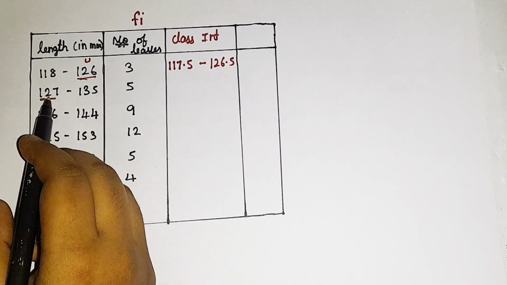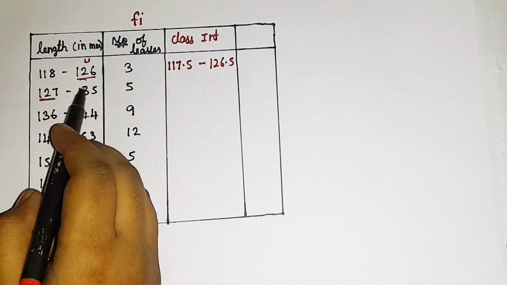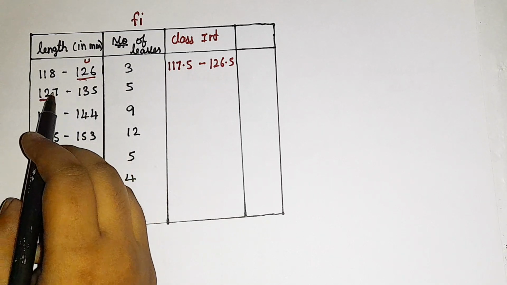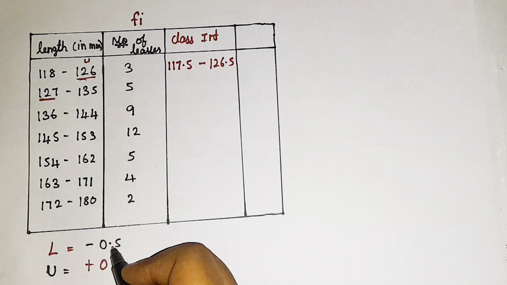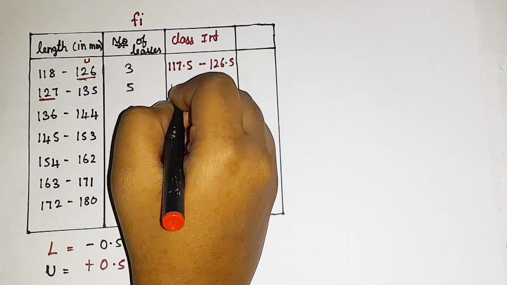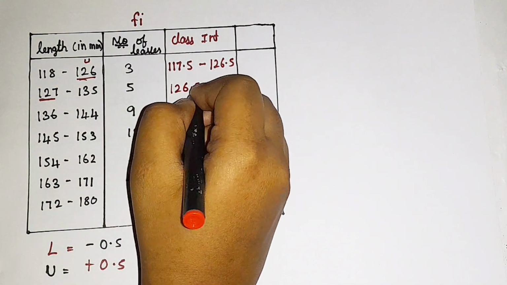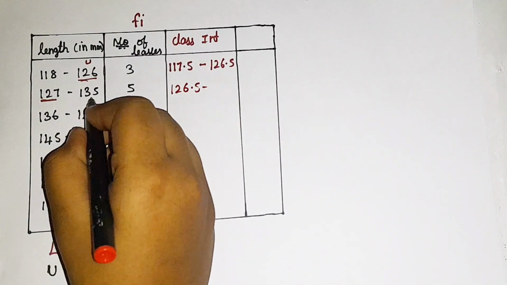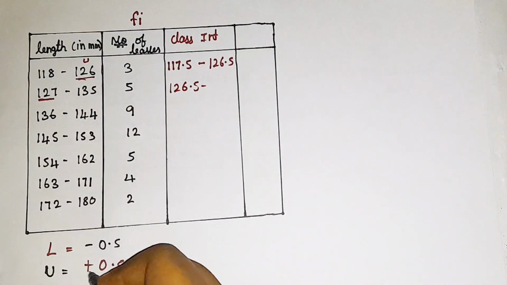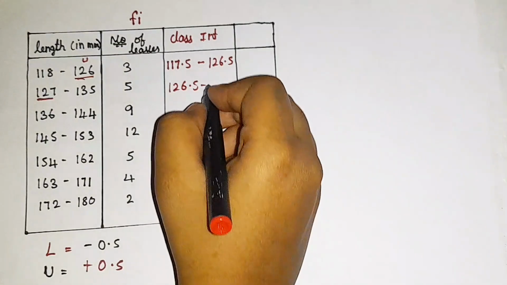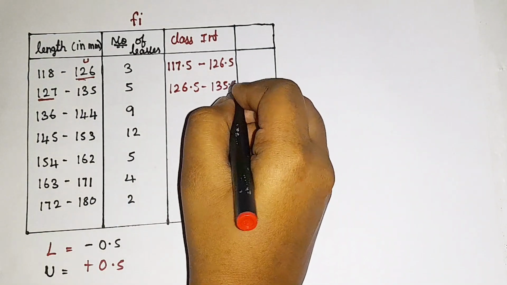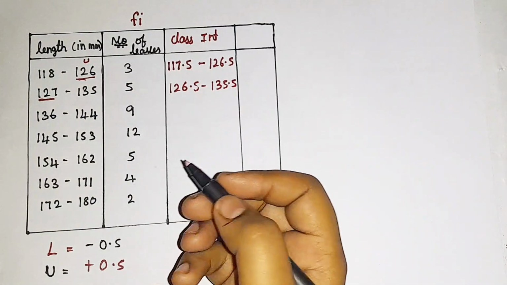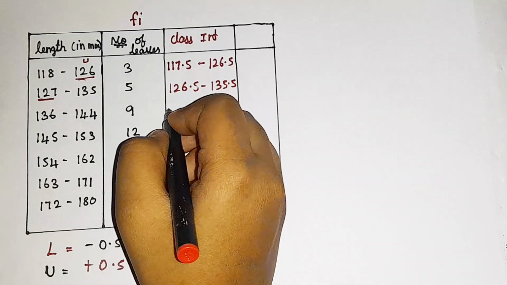Which is the lower limit? This is the lower limit and this is the upper limit. So 127 minus 0.5 is 126.5, and 135, that is the upper limit, plus 0.5 is 135.5. Alright, and now you got an idea, isn't it? So now I am going to do it.